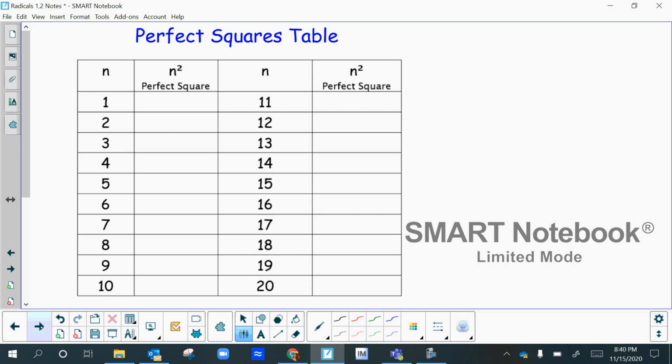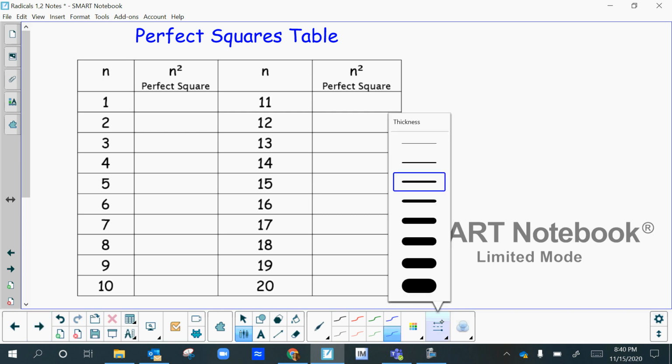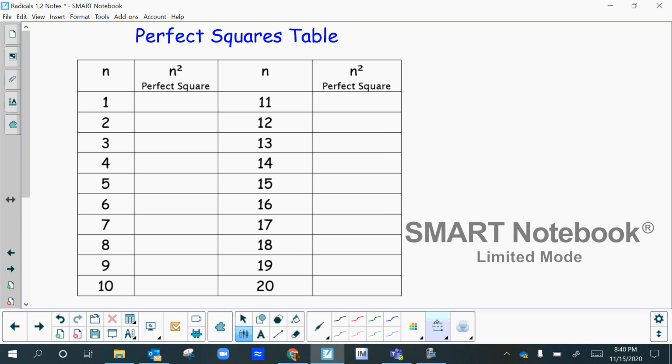So this is not a necessary thing to know, but it's always good to have the perfect squares table and the numbers kind of fresh in your head whenever you're simplifying radicals. So I'm going to write down the perfect squares for all of these. For 1, the perfect square is just 1, because 1 times 1 is 1.